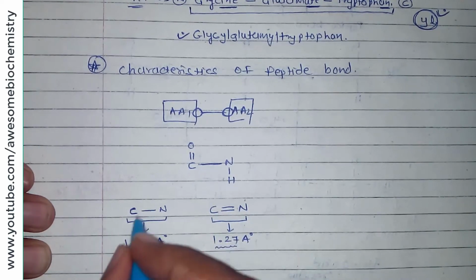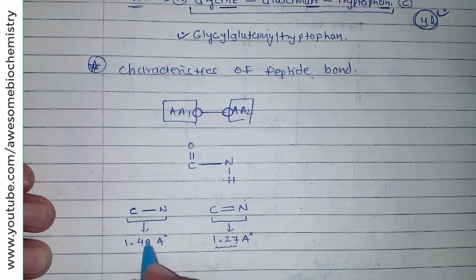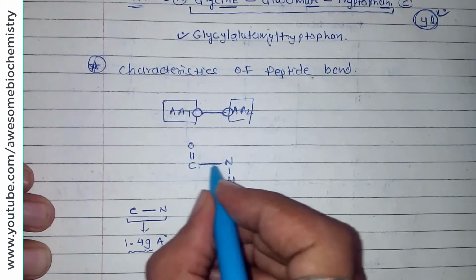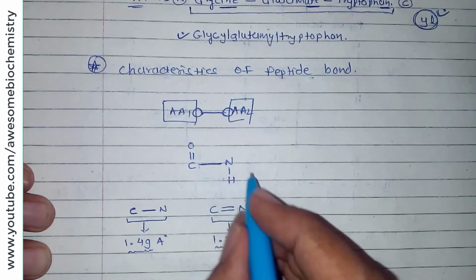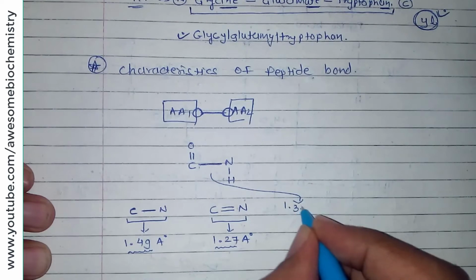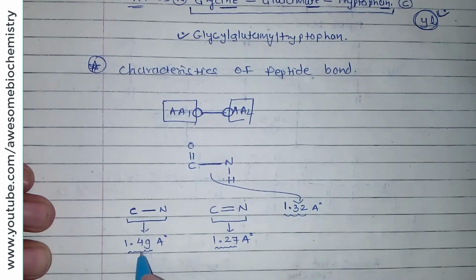With a single bond there is less force as compared to the double bond, so the distance is more. When the peptide bond's actual distance in a polypeptide chain was measured, it was 1.32 angstrom, which is a little lesser than the single bond, but more than the double bond.